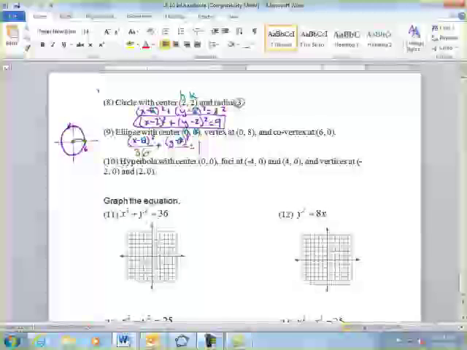Likewise, from center up to edge is 8. Square it, and it's in a y direction, up and down, so that's going to be 64. Questions?